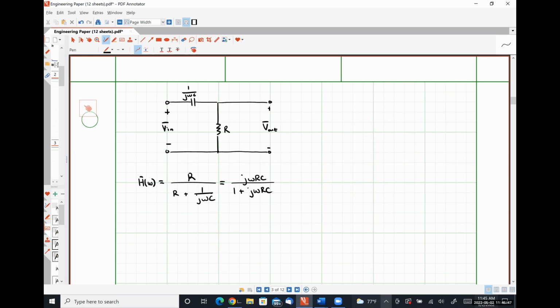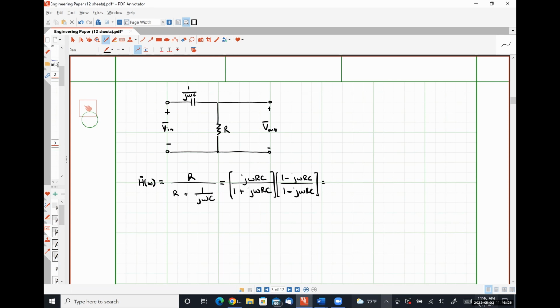All right, nobody is saying anything. We are going to move forward in this example, much like we did the previous one, in as much as we are going to multiply by the complex conjugate of the denominator over the complex conjugate of the denominator, which will allow us to split this function into its real and imaginary parts. So that's 1 minus j omega RC over 1 minus j omega RC.